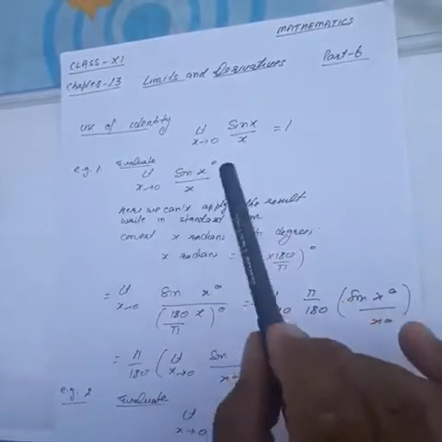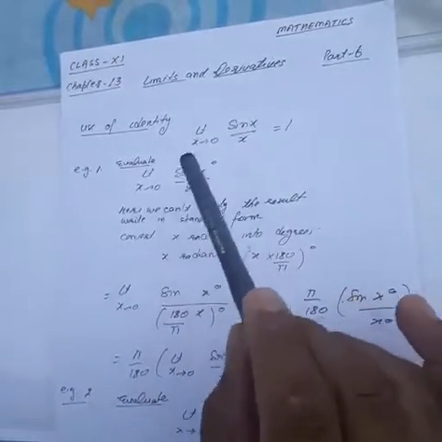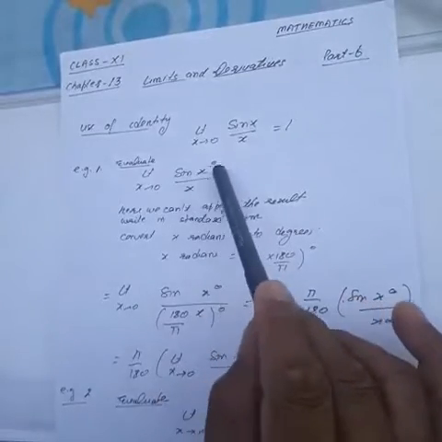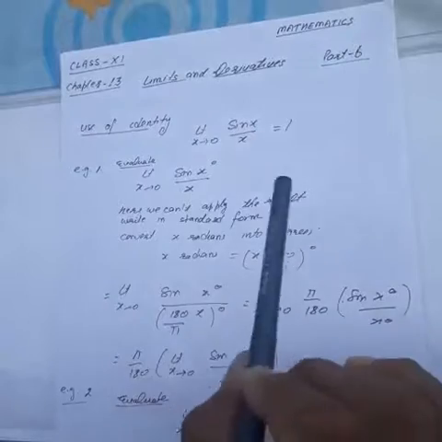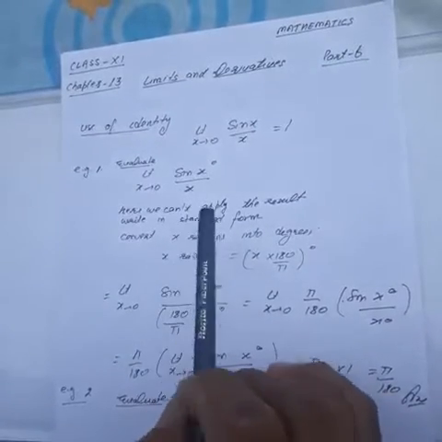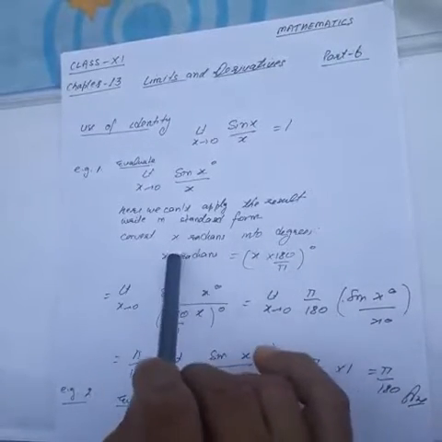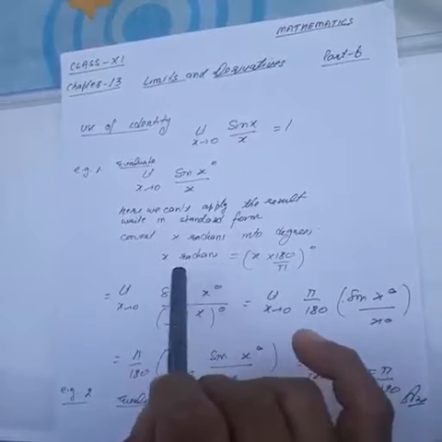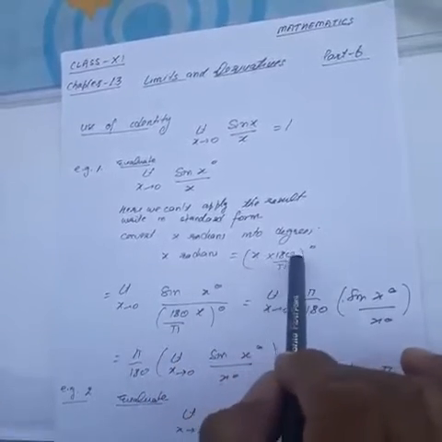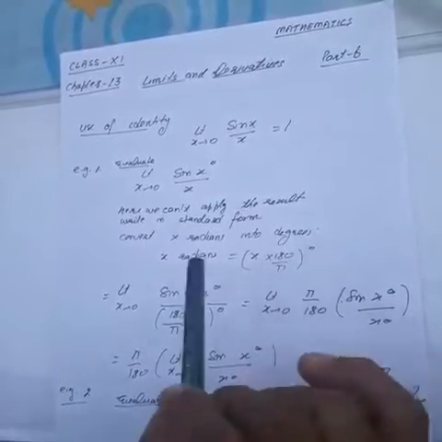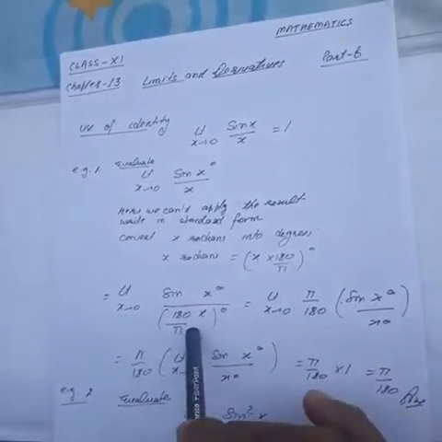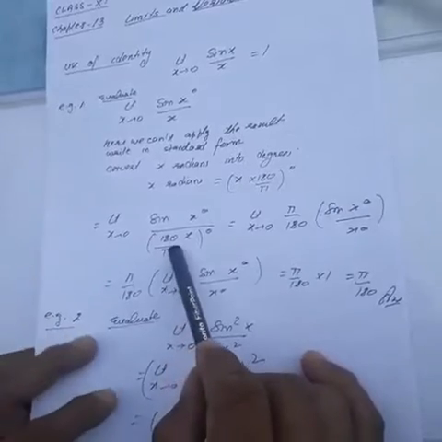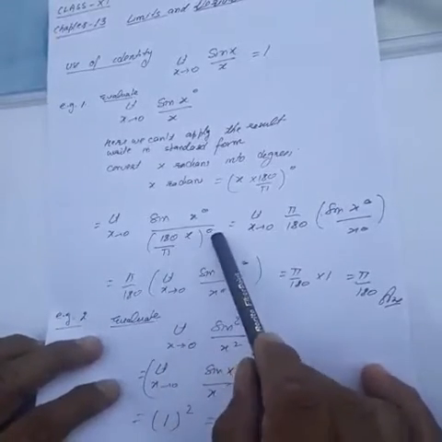So here we have to change the units, either convert this degrees into radians or convert this radians into degrees using the conversion in trigonometry we have done. So x radians will be equal to x into 180 upon pi degrees. So this x can be replaced by 180 into x upon pi degrees.